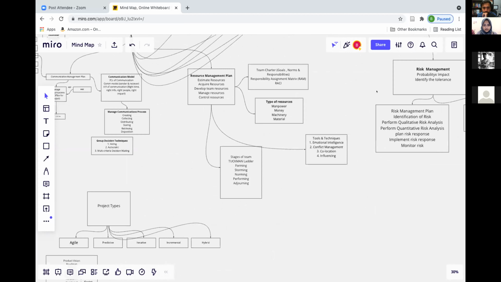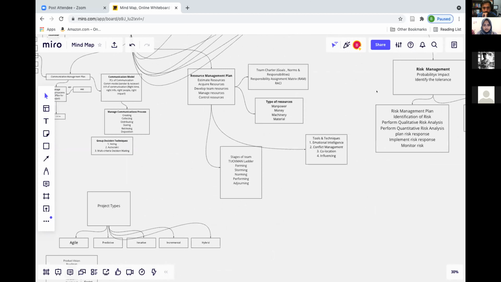Here emotional intelligence and other interpersonal skills will be used by the project manager. He will be a servant leader, first aware of himself and taking care of his team members, and then managing the resource. Finally he will be controlling the resource.